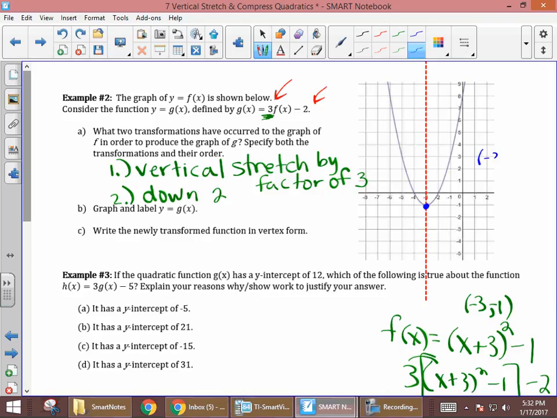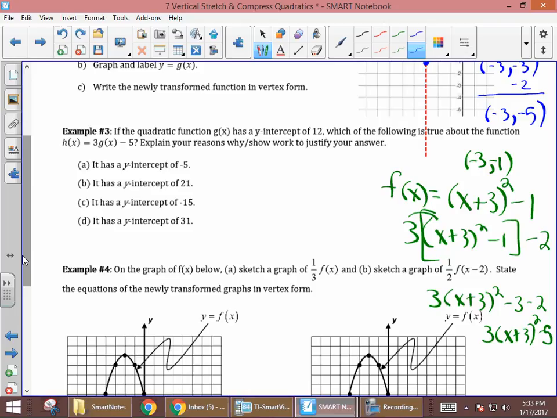It was -3, -1. I'm going to multiply that y value by 3 first. So times 3, and I get -3, -3. And then I'm going to go down 2. So subtract 2 more, and that'll bring us to -3, -5, which is, let me scroll down so you can see, the same vertex that we had there, -3, -5.